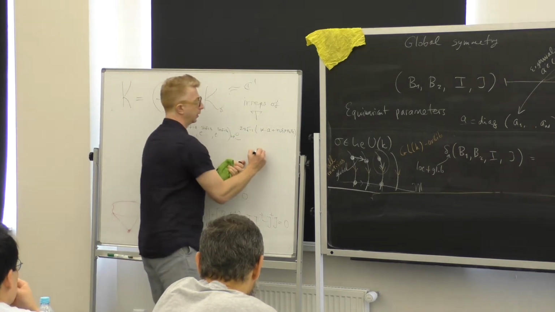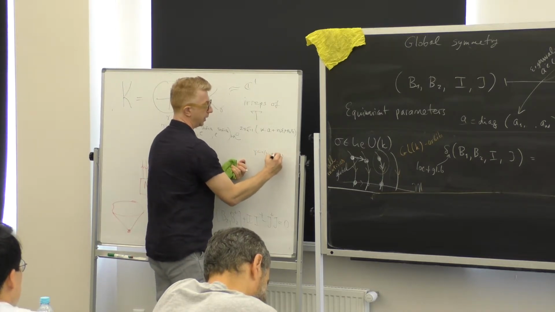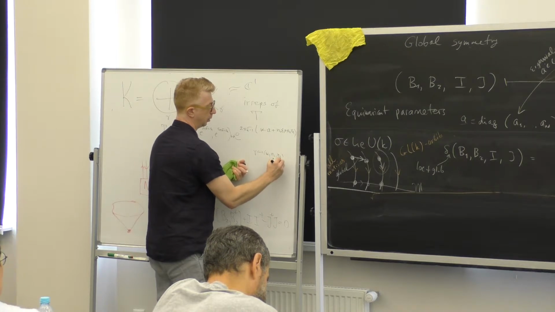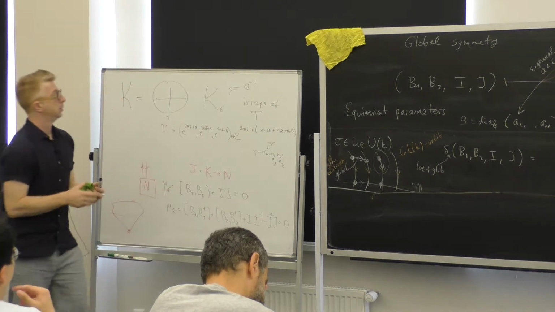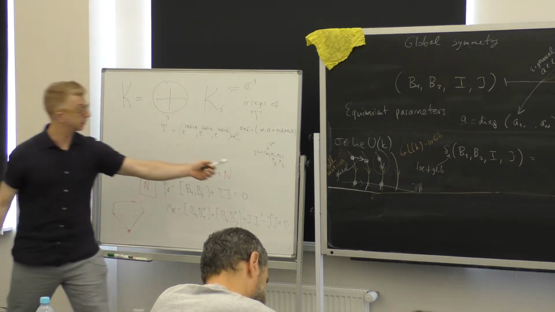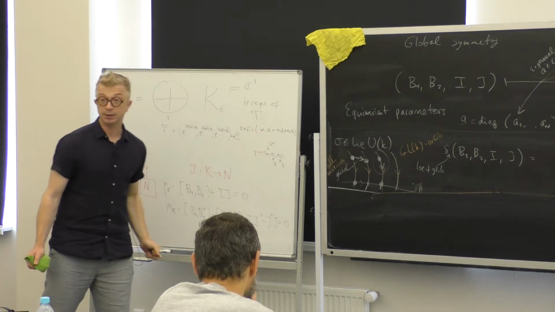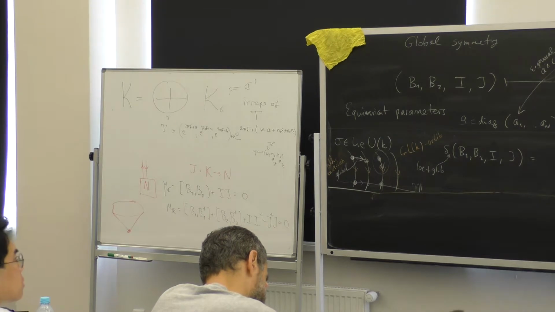So gamma corresponds to some choice of w, n1, and n2. These are integers, and w is an integral vector. So the question is to find this integral data, and that's actually pretty easy.